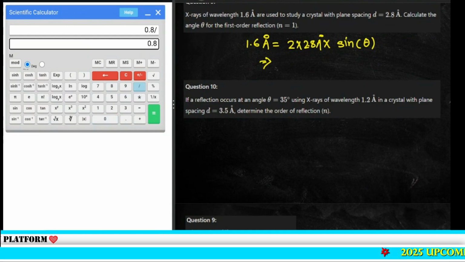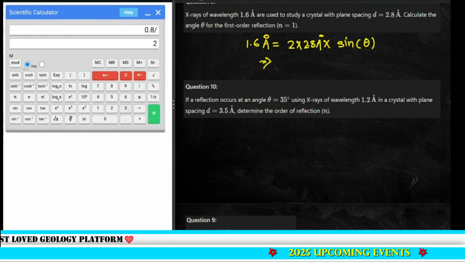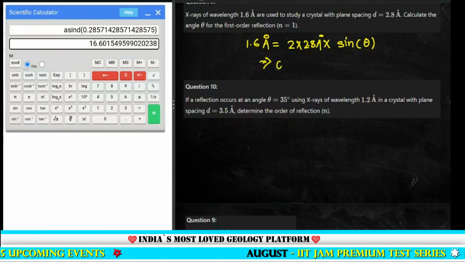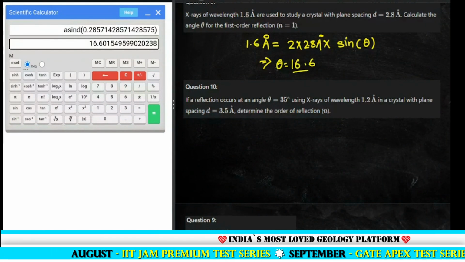0.8 divided by 2.8, sine inverse of that, 16.6.